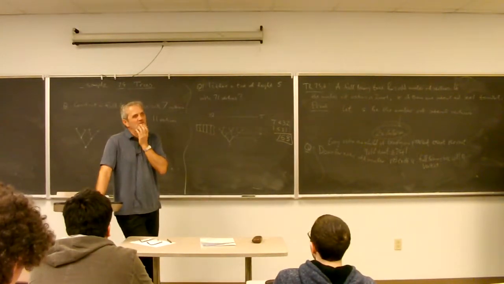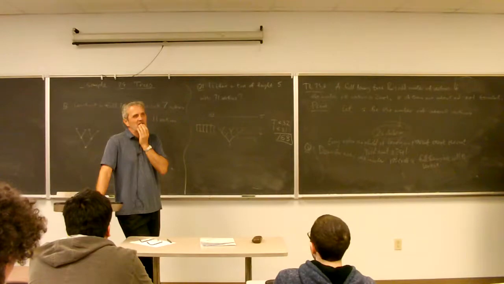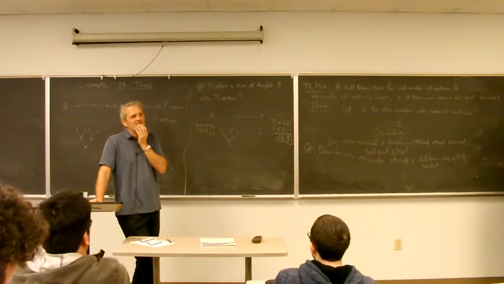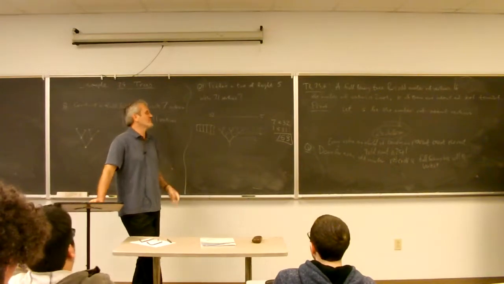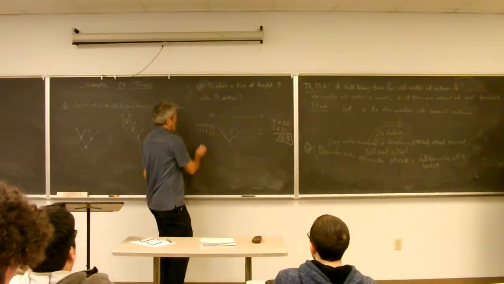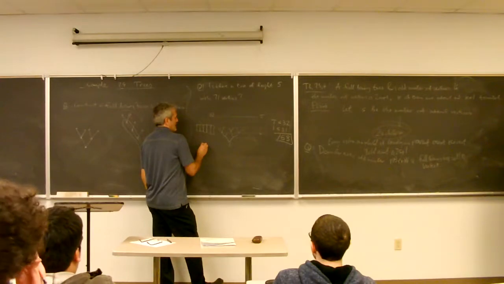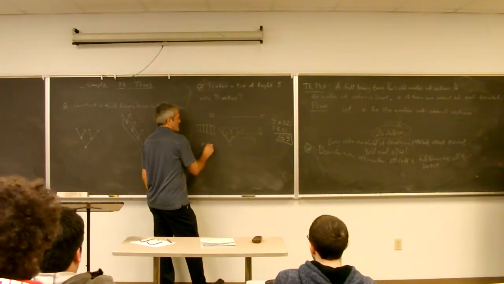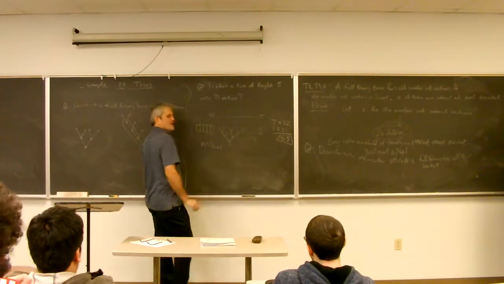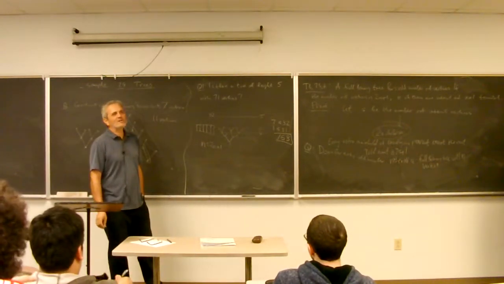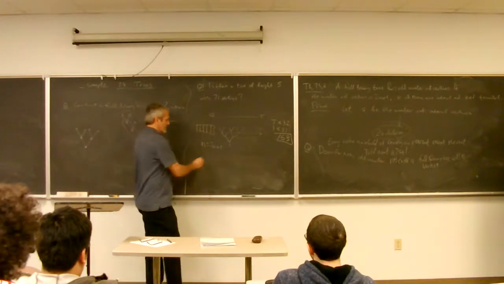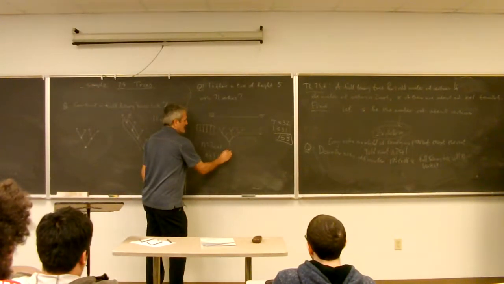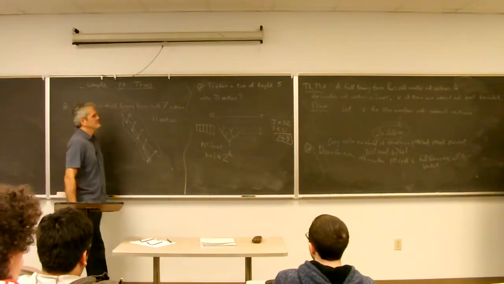So what would be the theorem that you would say? How high has to be the tree for a given number of vertices? So if n equals 2k plus 1, do you agree? Then how many terminals do we have? k plus 1. k plus 1 has to be less than or equal to 2 to the h.